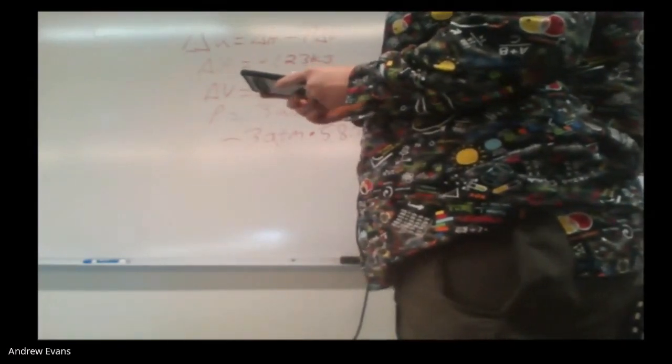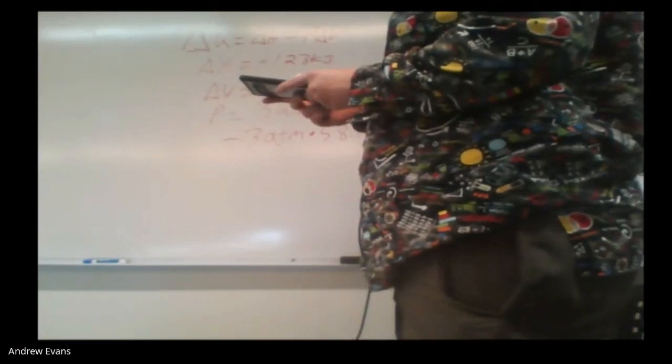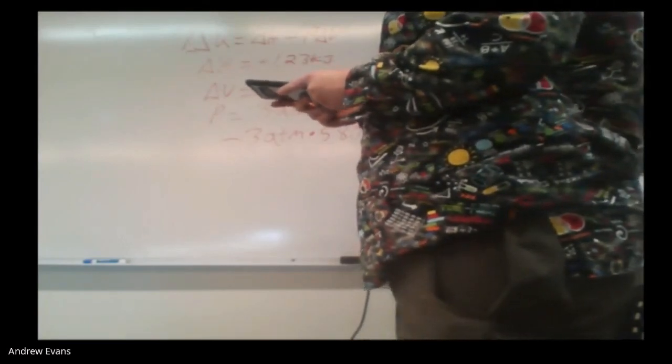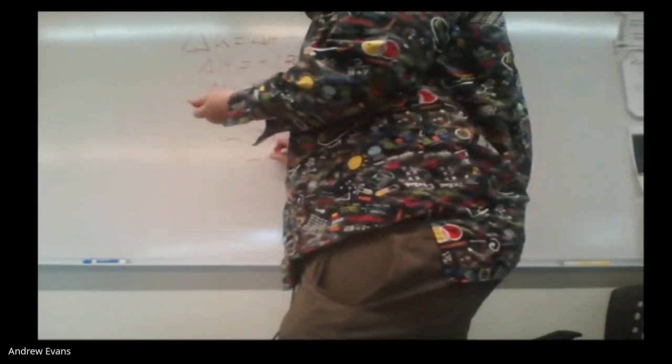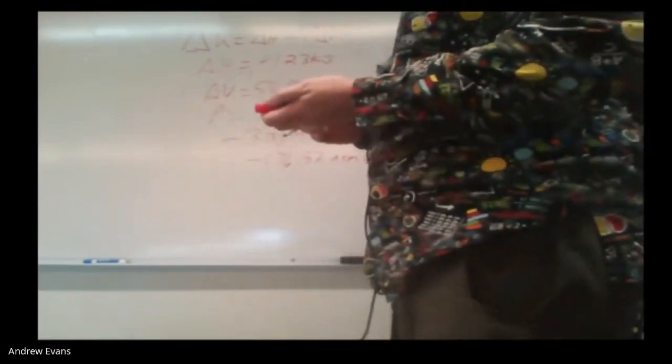So doing that seems pretty straightforward. 3 times 58.94, we'd get the work, negative P delta V, equal to negative 176.82 atm·L. So do I just add that to 123?